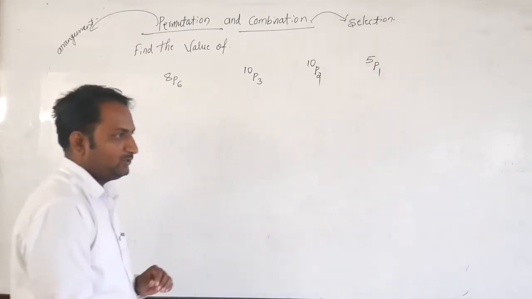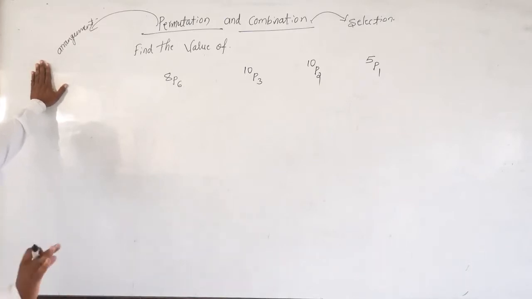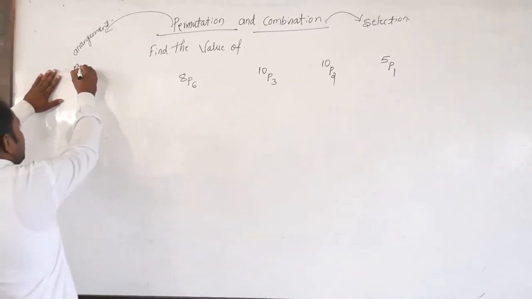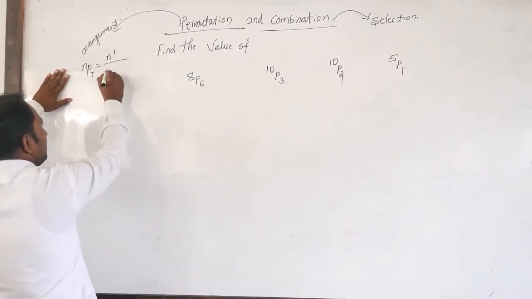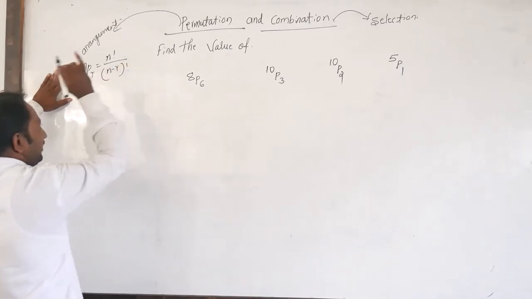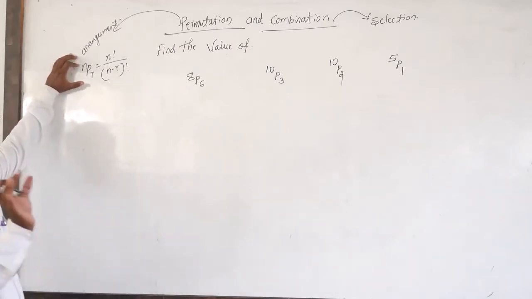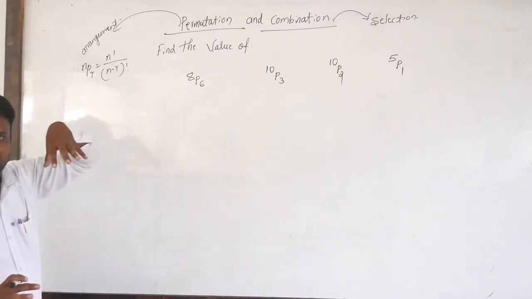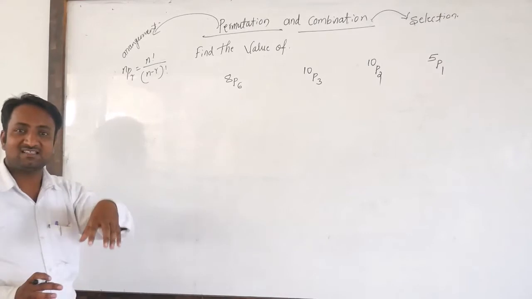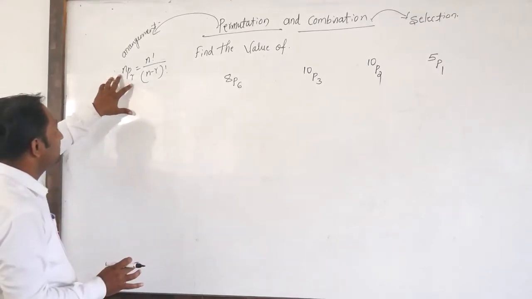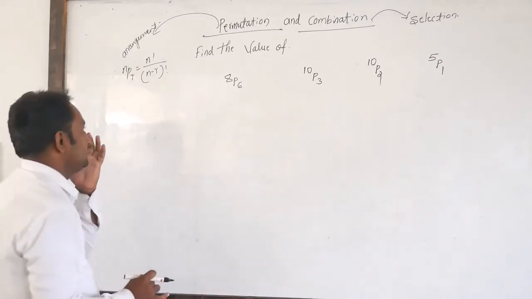First, we know the concept of arrangement, that is permutation. A very important formula is nPr = n factorial divided by (n minus r) factorial. Here, there are n things available in total, of which r things are selected to arrange in r ways.